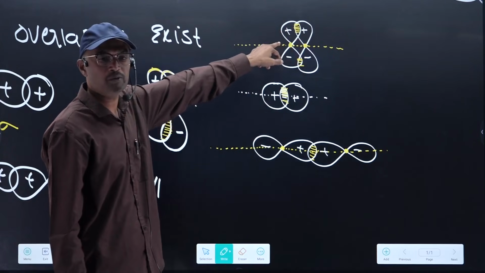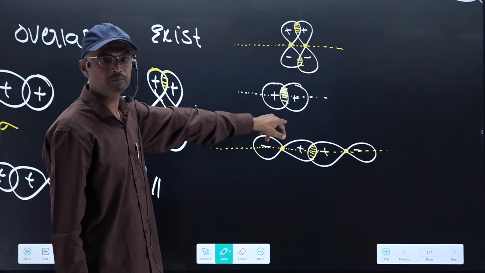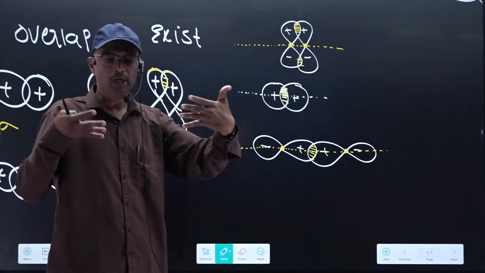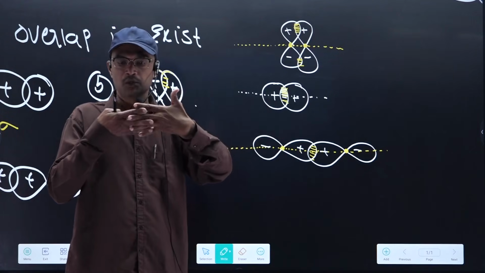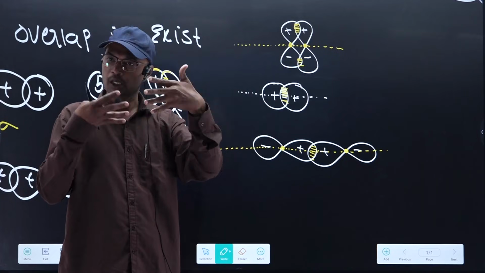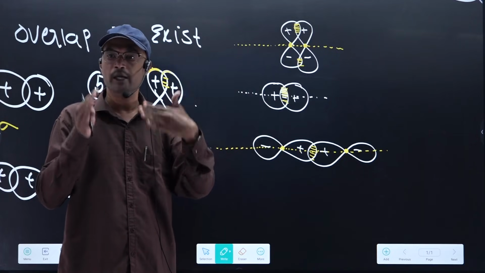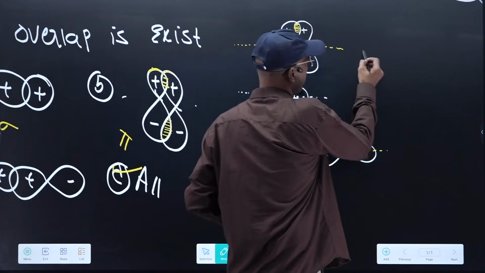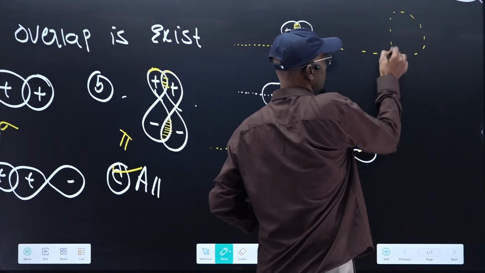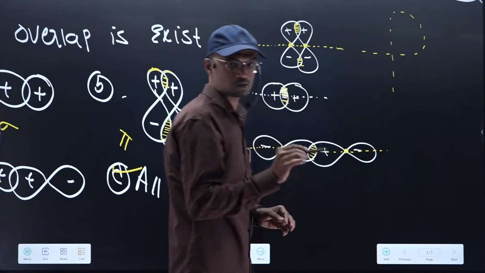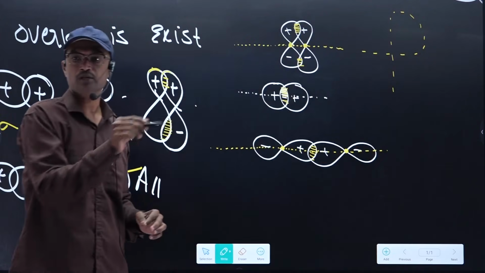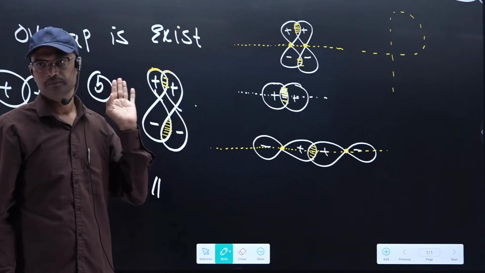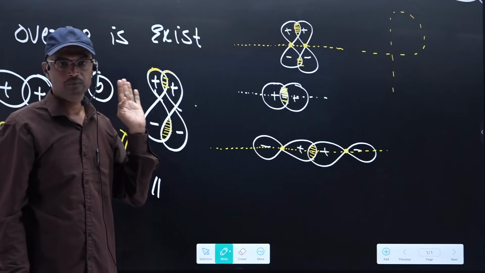This is the pi bond definition and this is the sigma bond. Don't say, sir, I want to write the axis like this. That is not an imaginary axis. The imaginary axis should not be written in whichever direction you want. Always it should be straight. Clear?